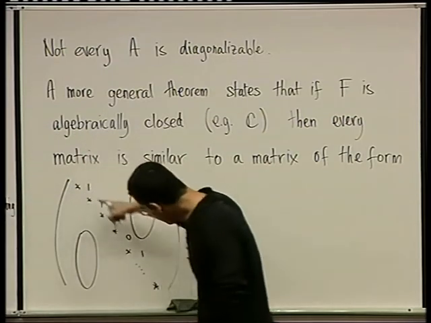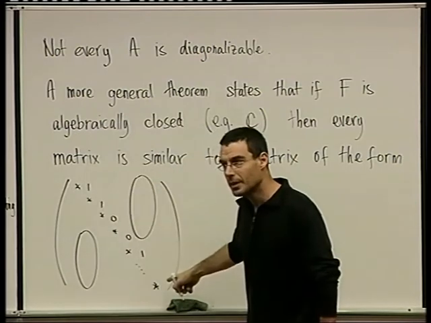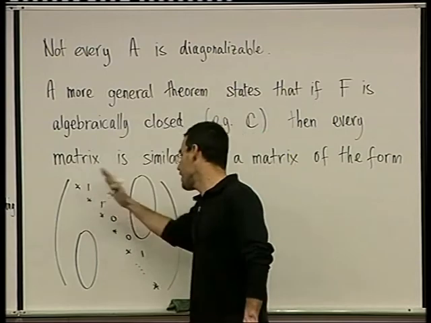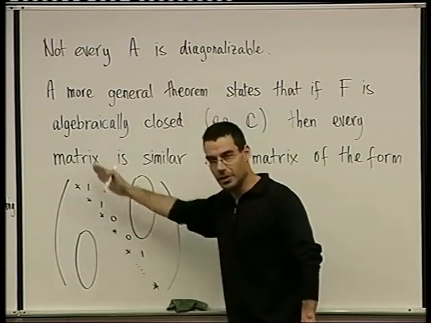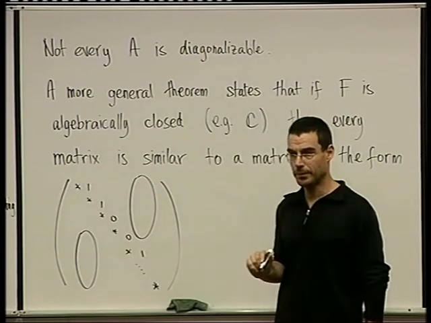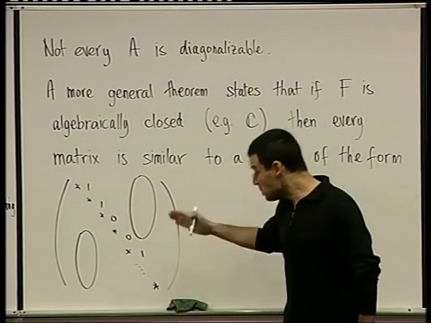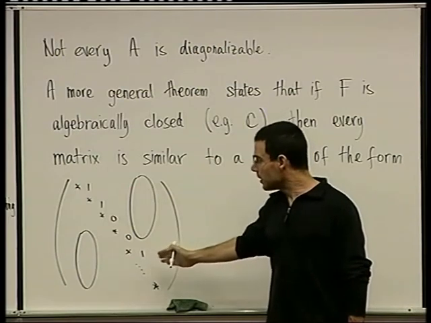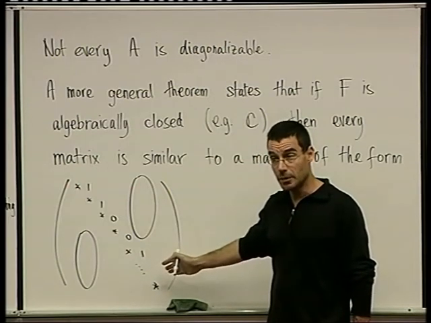So there can only be ones along the diagonal above the main diagonal, and that's it. So this is pretty close to being completely happy, right?